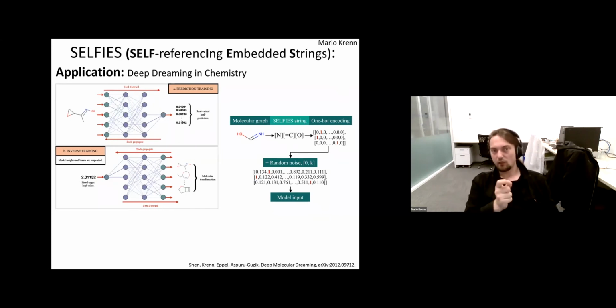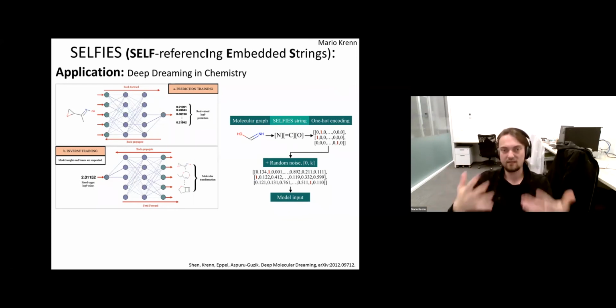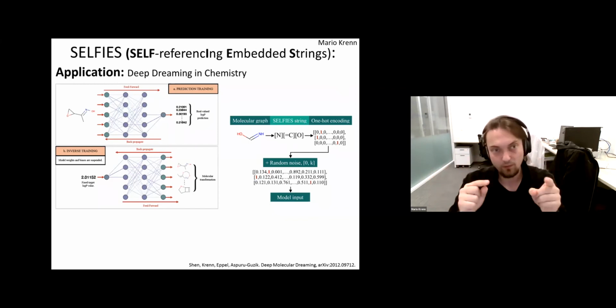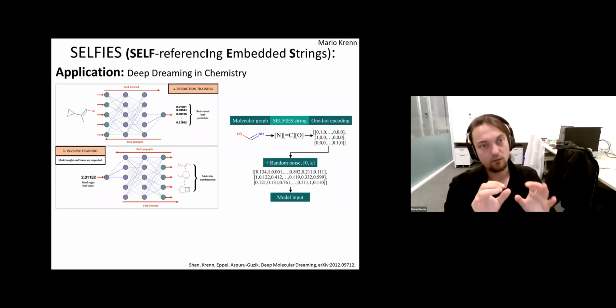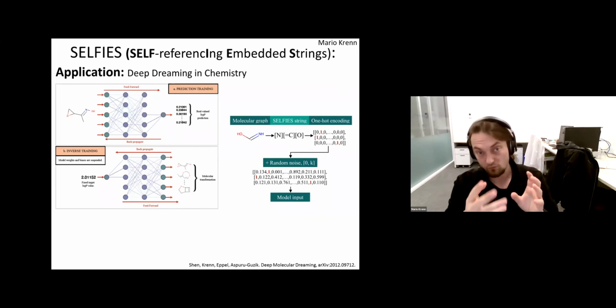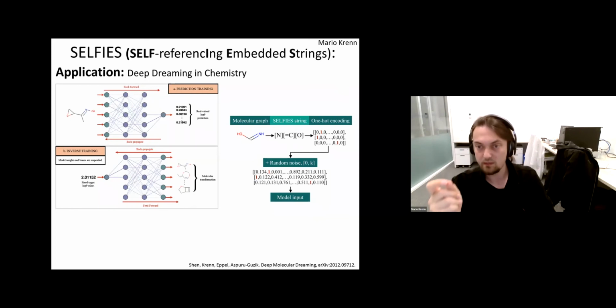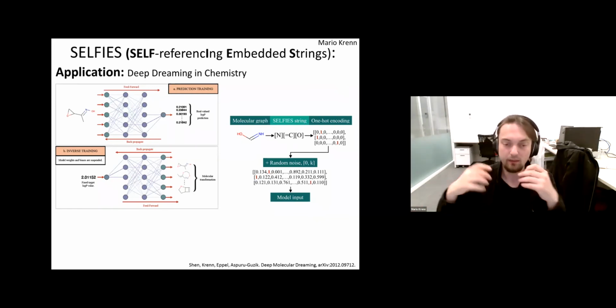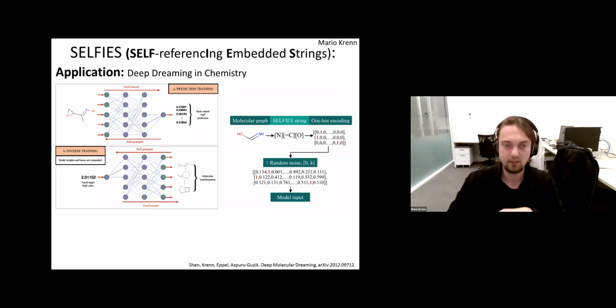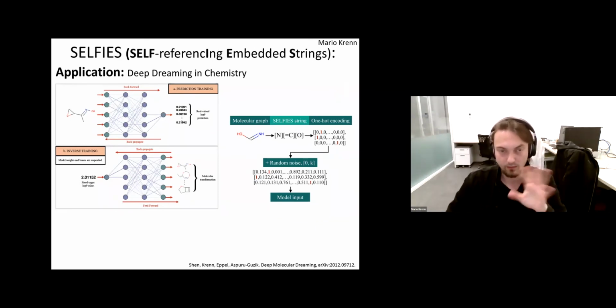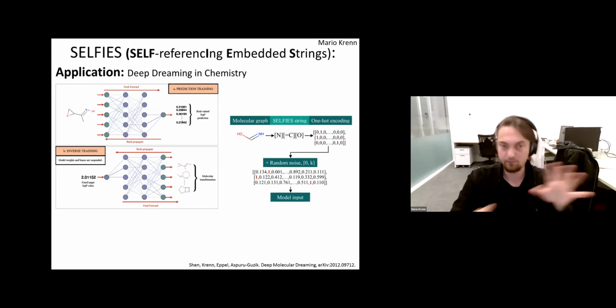But if the neural network has never seen continuous values, if it has only seen zeros and ones, it has basically no idea what this means and gets stuck very easily in some minima and doesn't make sense. So it's very important to train the neural network for this deep dreaming with noisy one-hot encodings, such that in the backward training, it understands what these intermediate states mean and can pass through them.